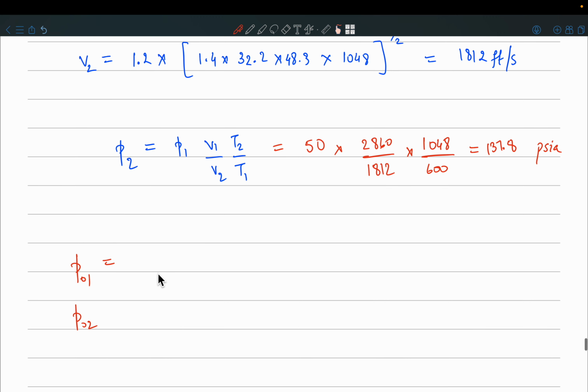Do you want me to give any values here? So you remember M1 was 2.5, P1 was 50. So what is P01?